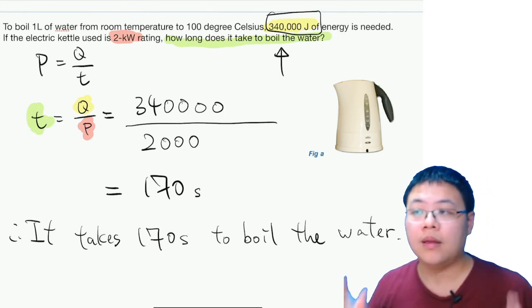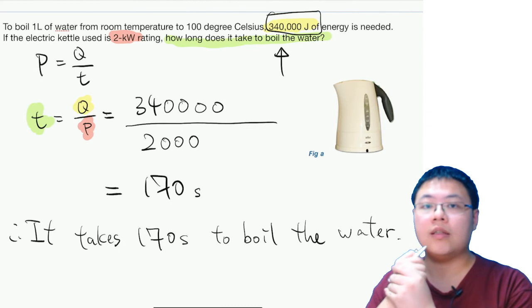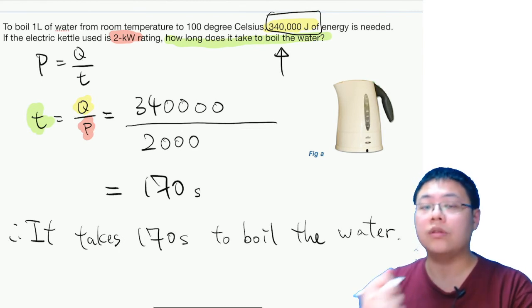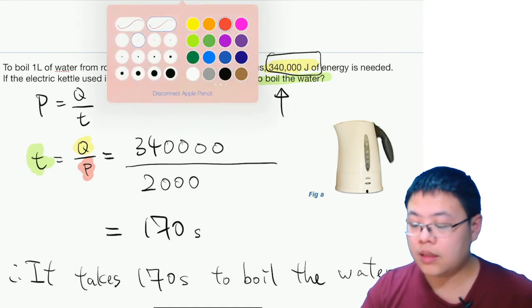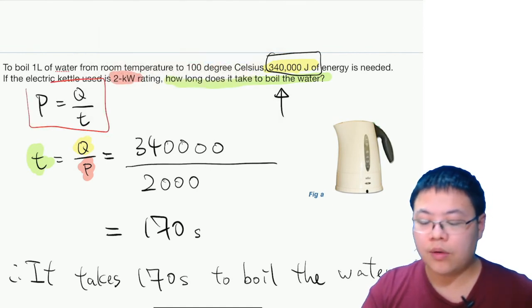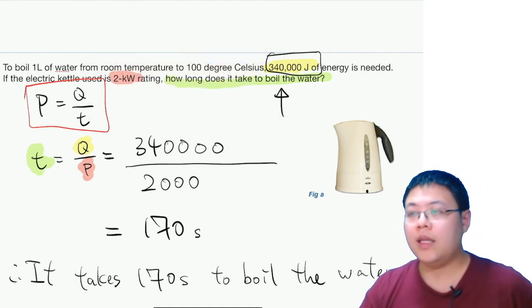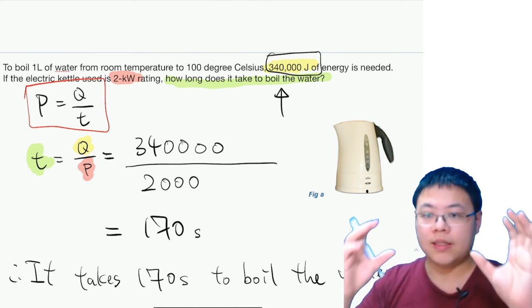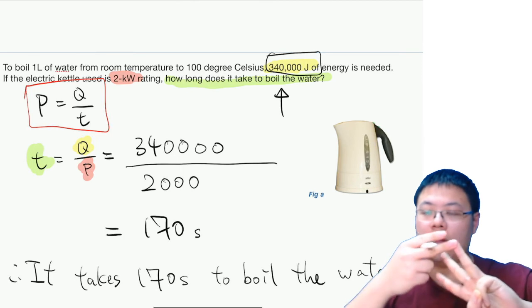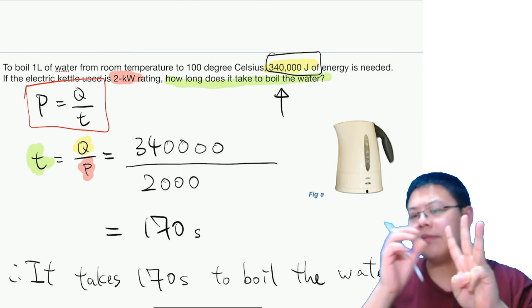Done. That is how you calculate power equals energy divided by time. This equation is very important. In the whole syllabus, there are only 3 equations to learn and some variations.